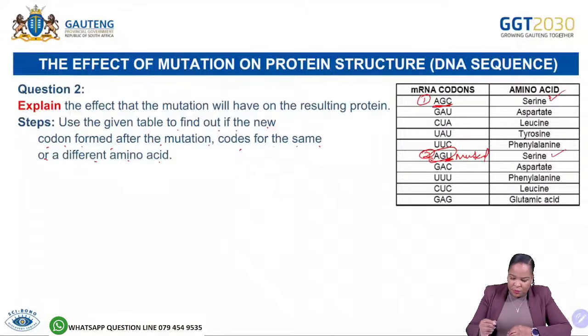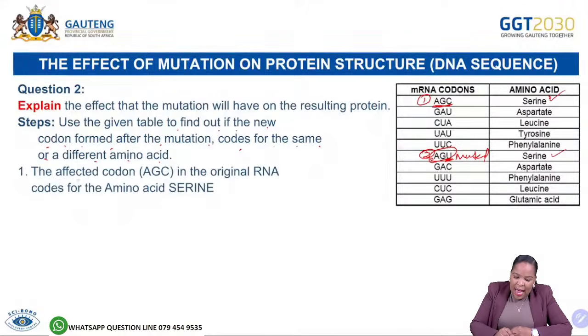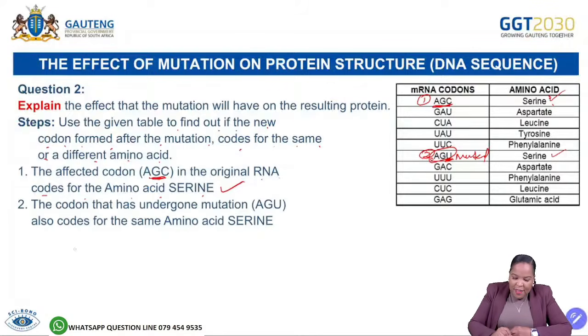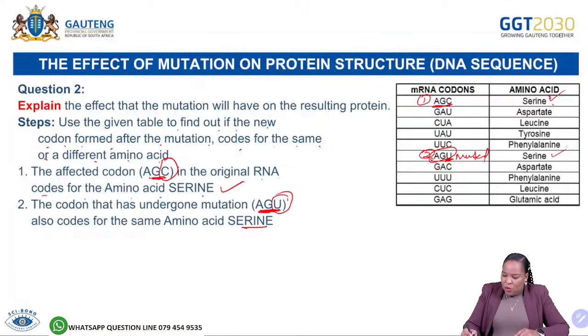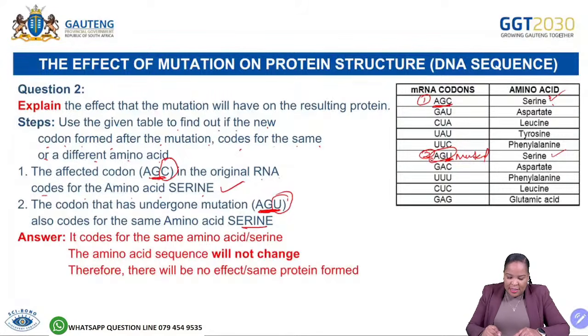Let's have a look. First, the affected codon AGC in the original RNA codes for amino acid serine. We've done that. We've already identified. Then the second one, the codon that has undergone mutation, this one, where you replaced the C, also codes for what? For serine. So that was what you have identified. So it codes for the same amino acid, which is serine.